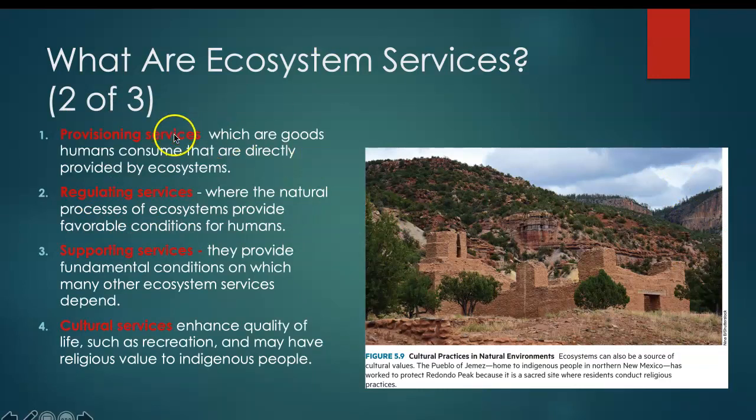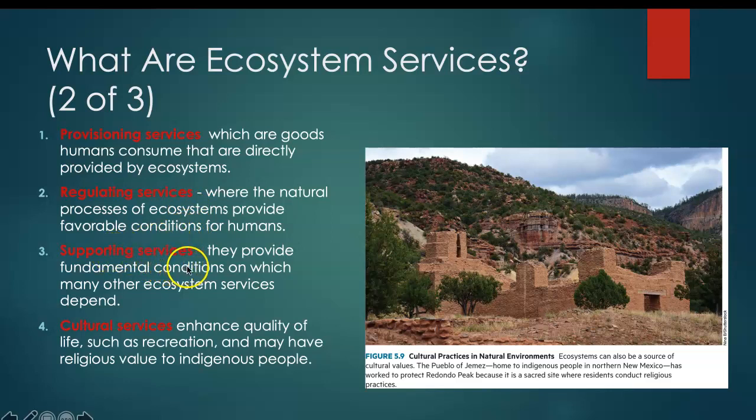There are four types of services ecosystems provide for us. The first one is provisioning, such as food, shelter, habitat. Regulating services such as pollination, purification of air and water.